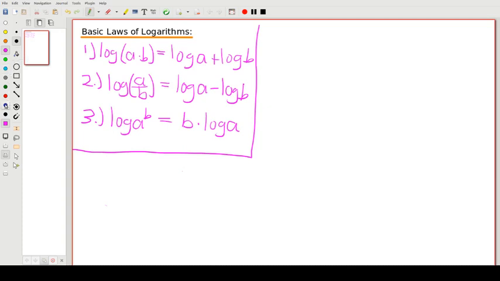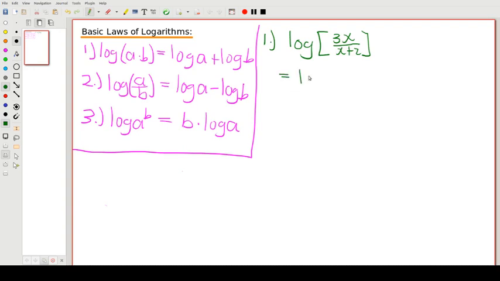Right, so let's see here. Question 1, let's make that something like log of 3x over x plus 2. Now we have to write this as separate logs, so expanding this.